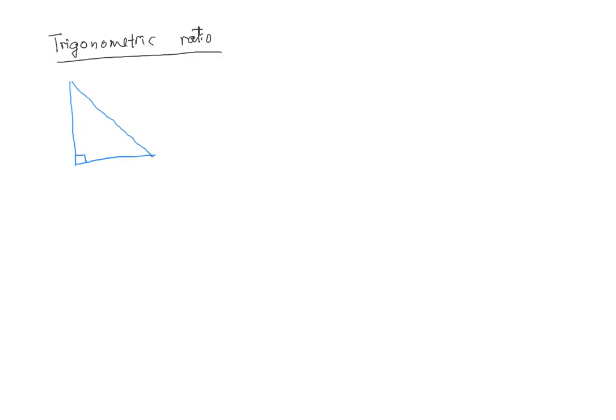I will draw a right angle triangle. Okay, in front of the right angle, this side, I call it hypotenuse, correct? And we use symbol H to represent it. And this is my angle theta. Okay, in a right angle triangle, what is the maximum size of the angle theta?